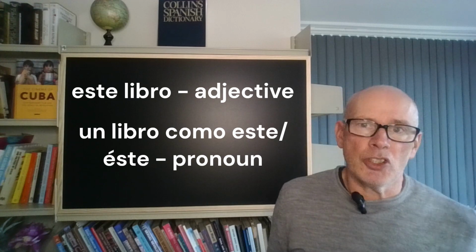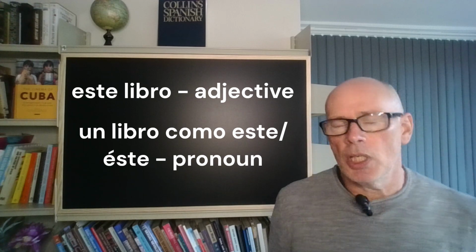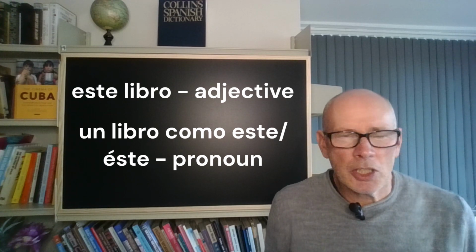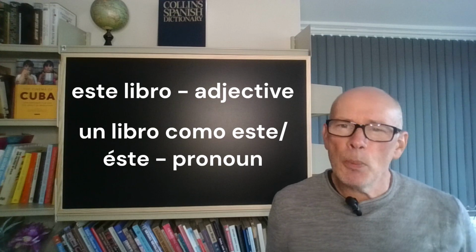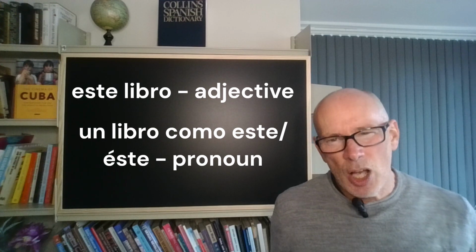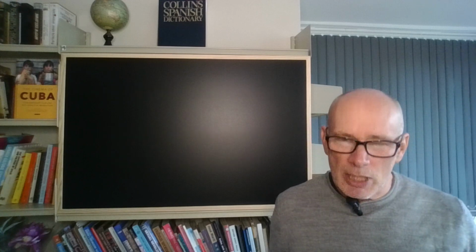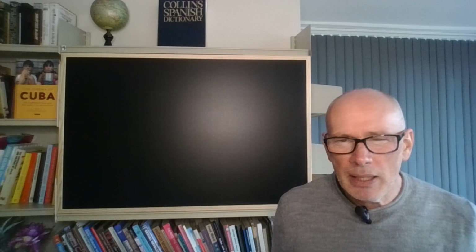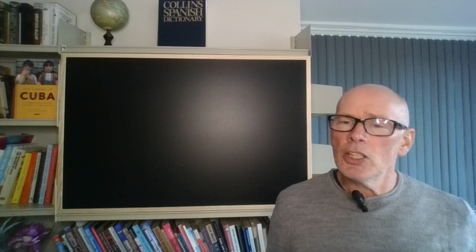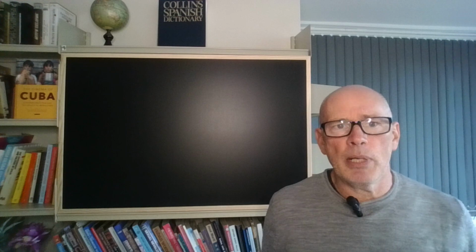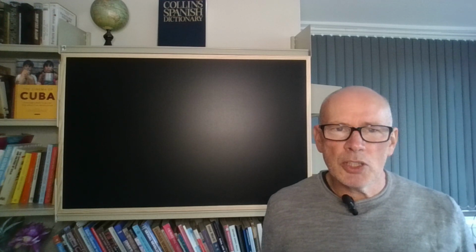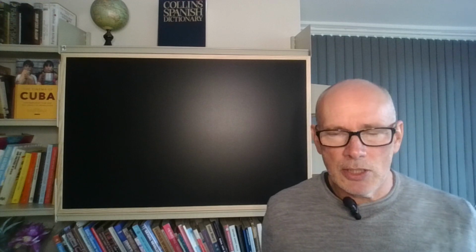Previously, in ancient times, the accent was used to distinguish the pronoun from the adjective. But it's just not necessary. So even though you may see it, there is no need to use it. Some traditionalists might disagree with me here, but I don't care. And other languages, like Italian, don't use an accent to distinguish the adjective from the pronoun. So why should Spanish?